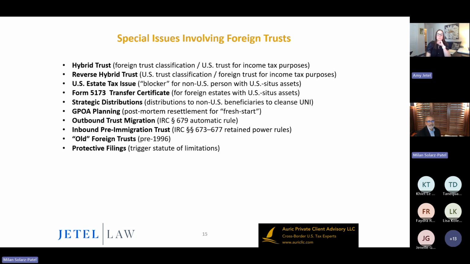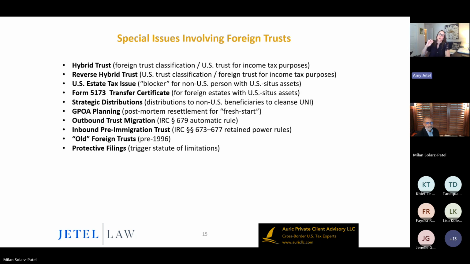Okay, so back to you, Amy. Yes, I'm going to start with the first two bullets, hybrid trust and reverse hybrid. A hybrid trust is a term that we coined a long time ago for a trust that has its situs, let's say, in Liechtenstein, or some offshore jurisdiction, with an offshore trustee, a Liechtenstein trustee, governed by Liechtenstein law, all of that.